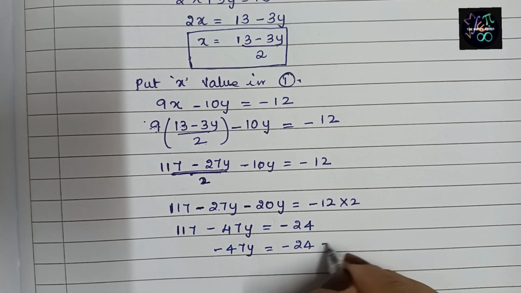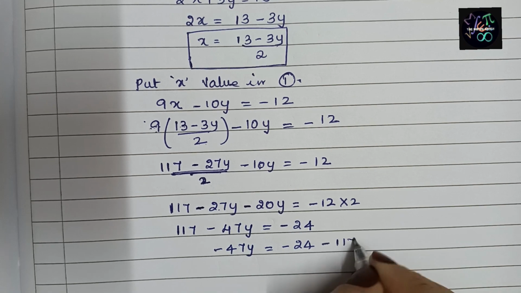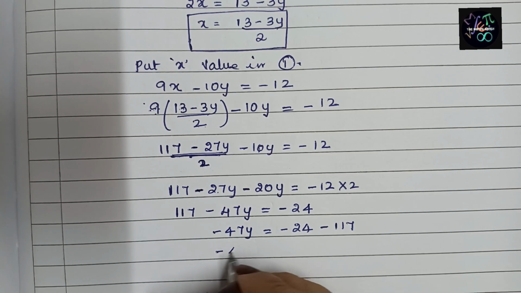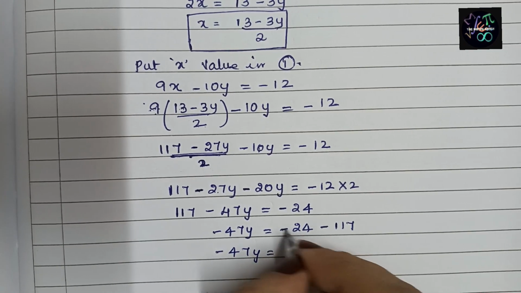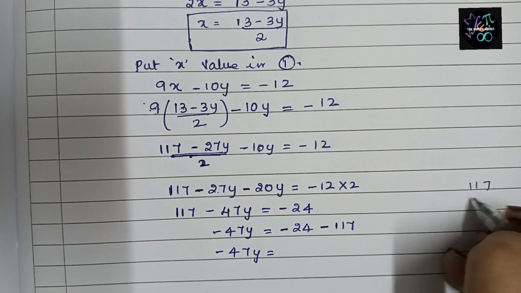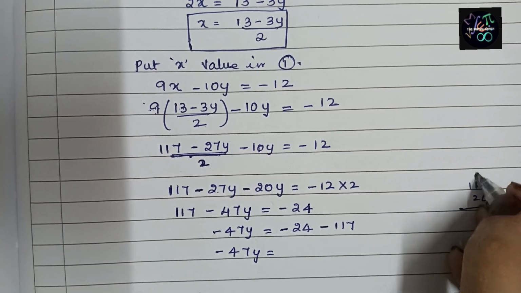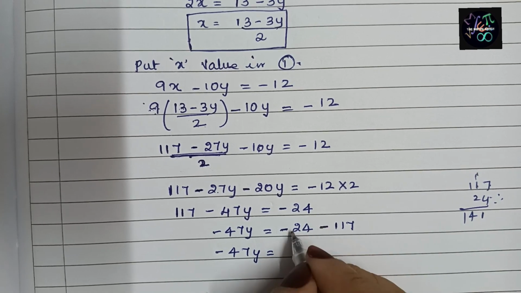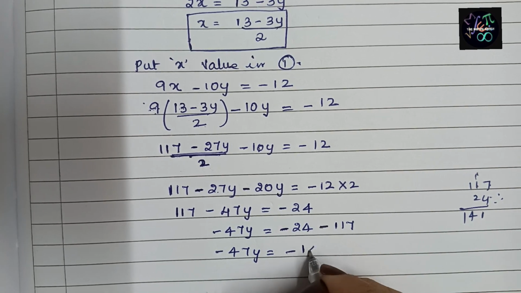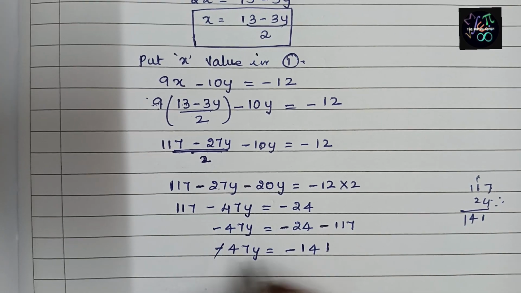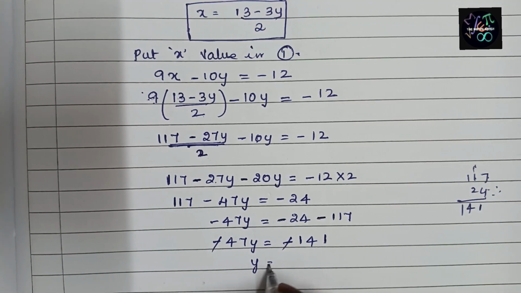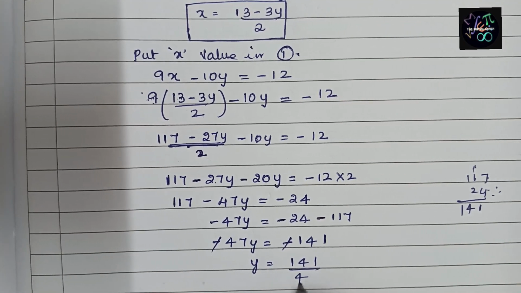This 117, if I take this side, minus 117. Minus 47y is equal to, both minus, so plus 117 plus 24 is 141. But the sign will be minus. Minus, minus got cancelled. y is equal to 141 upon 47.